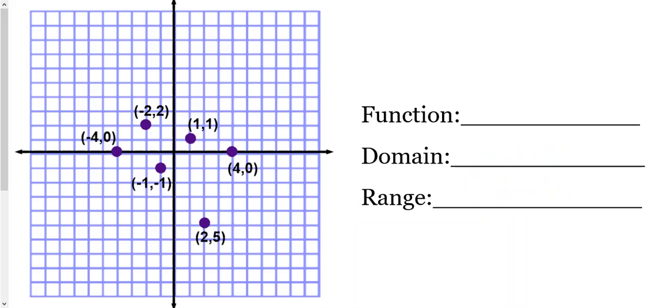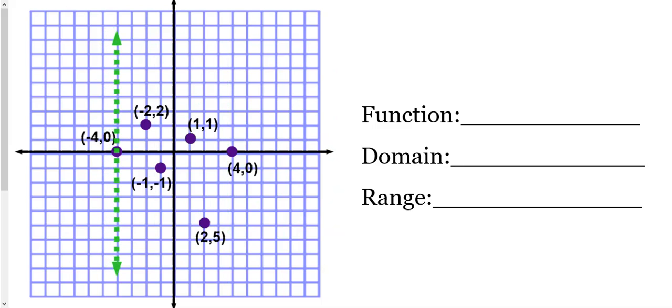We will also see points graphed on a coordinate plane. And so first, let's ask ourselves, is this a function? And since these are just random points, they're not connected, I can check, does my x value repeat? Or we can use the vertical line test. Hopefully that sounds familiar. So I'm going to take my vertical line and I'm going to go through each point and see, does the vertical line only hit once?